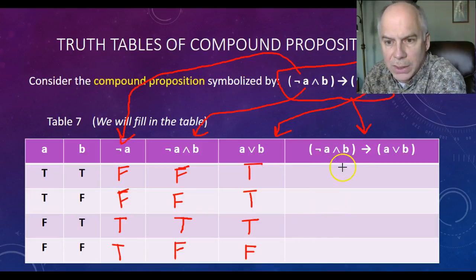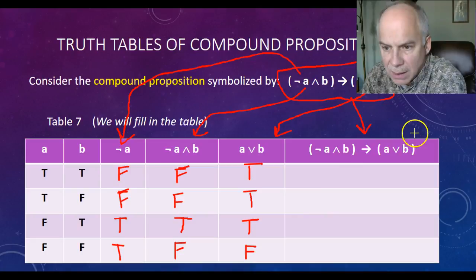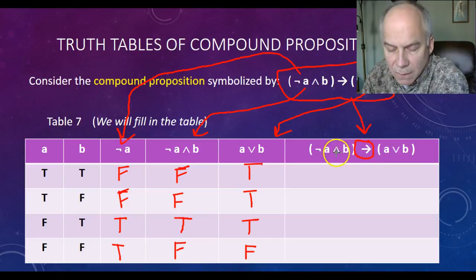So now we can look at the combined statement, and this is a conditional implication. So I'm going to look at the fourth column, which is the first parentheses, and the fifth column, which is the second parentheses, and do implication.